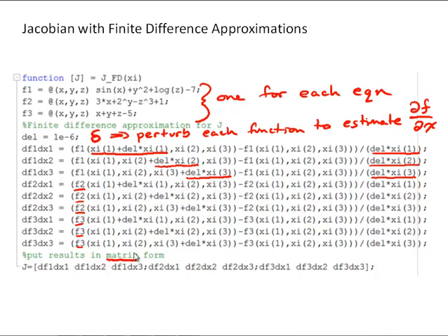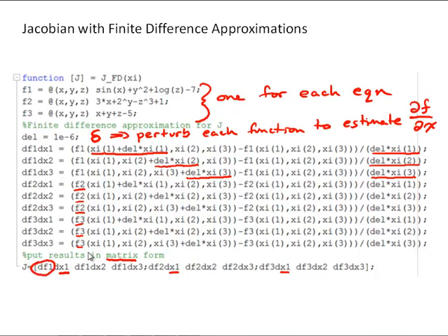Always remember that form of the Jacobian matrix where each column is all of the partial derivatives with respect to one of the variables, so in this case x1. So x1 is the first element in the first column, second element in the first column, third element in the first column, and each row corresponds to one of the equations in the system.